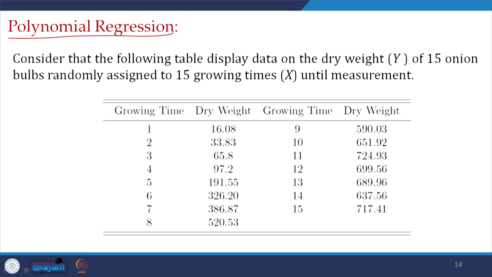For that, consider this particular data where I am having, let us say, growing time: first day, second day, third day up to 15th day, and the dry weight of the onion bulbs. So, it is my y. After the first day the dry weight is 16.08, after the second day it is 13.83, and so on.